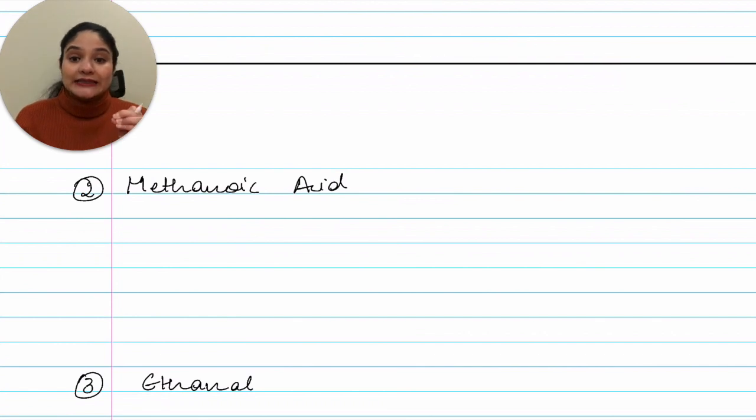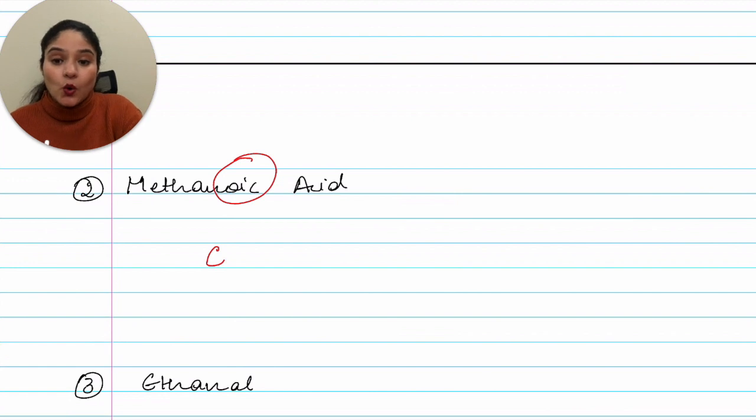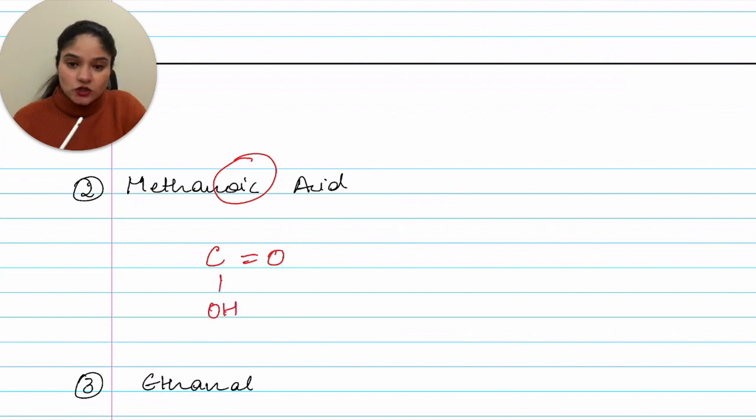Methanoic acid. Meth means a single carbon, C. Oic means carboxylic, COOH, which means a double bond O and a single bond OH.